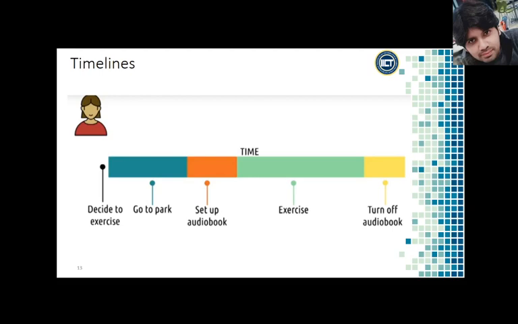On the other hand, if Annika really likes to exercise, then maybe she is in a very good mood during this phase. And if she likes exercising on its own, maybe she forgets to even set up the audiobook at all. So then we need to design our app with that in mind. We need to design it such that there's something built into it that could remind her that when she gets to a certain location, she meant to start her audiobook.